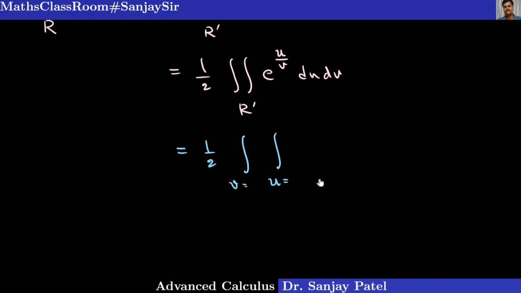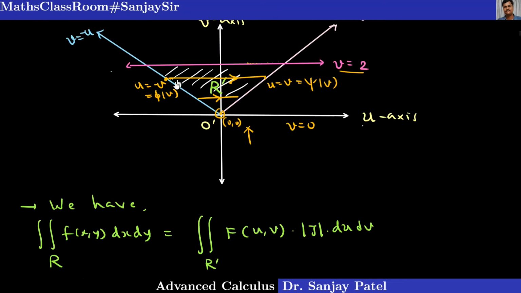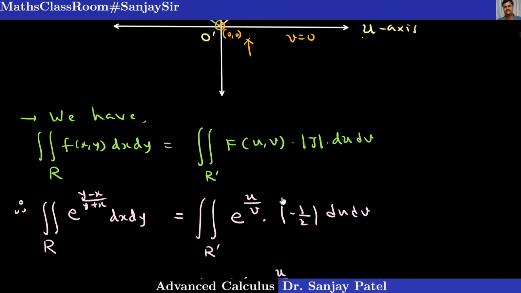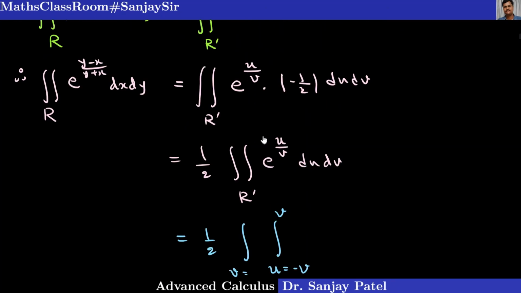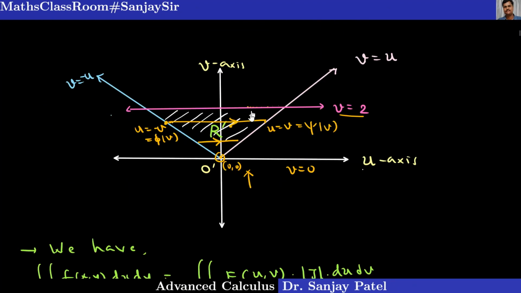We already obtained the limits of u: u equal to minus v to u is equal to v. And the limits of v, which are constants, we have determined by walking through the region. The minimum value of v is 0 and the maximum value of v when you come out of this region is 2. So v varies from 0 to 2 in this region.